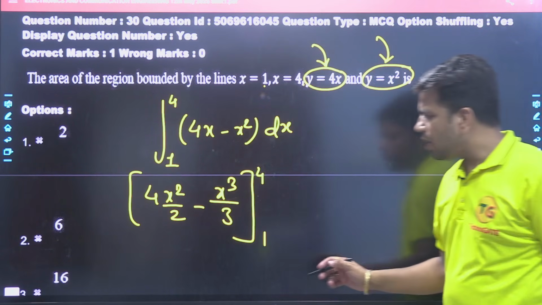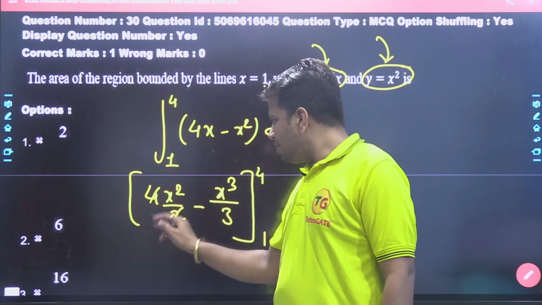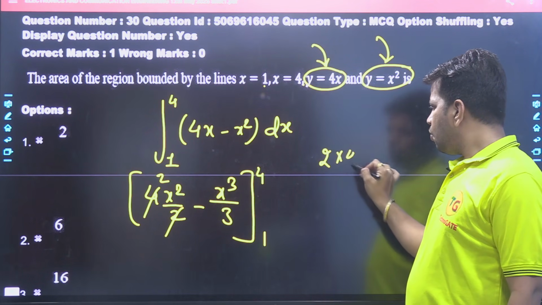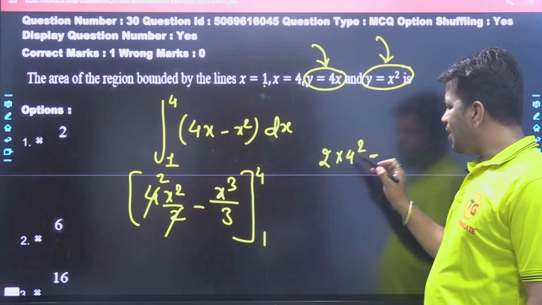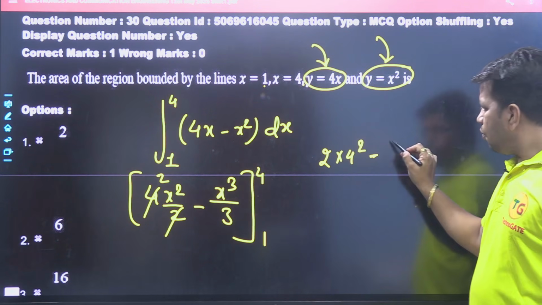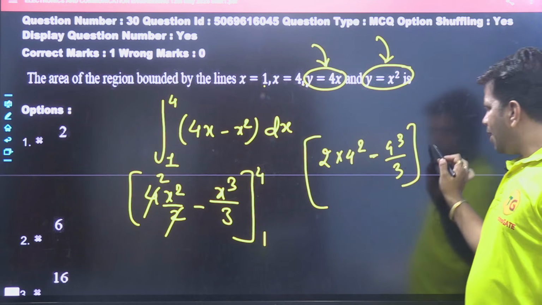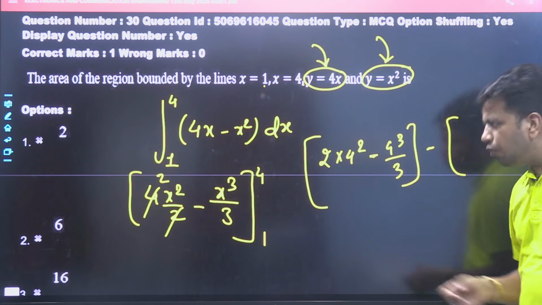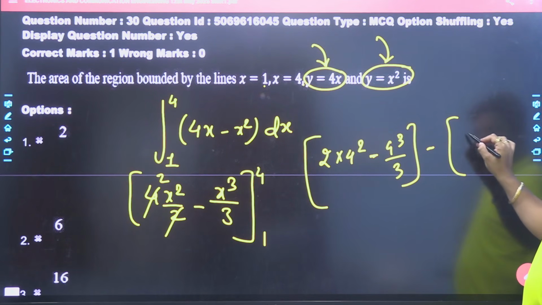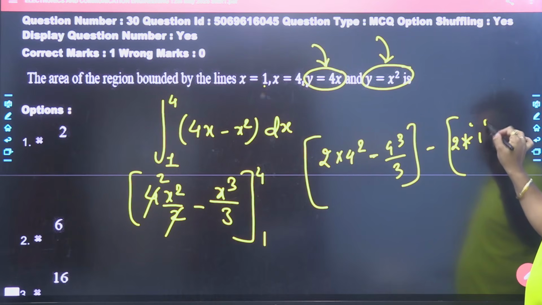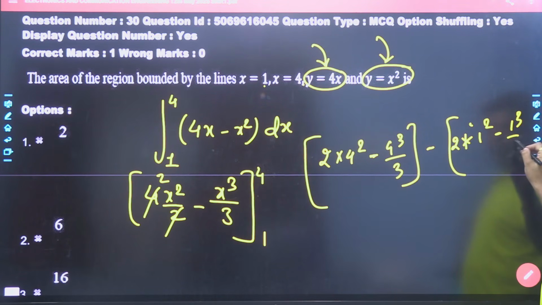So when we put the value 4 and when we put the value 1, you get your answer. Okay. First of all, you can cancel out this term by 2. So 2 into 4 square minus 4 cube by 3, then minus, when we put the value 1, 2 into 1 square minus 1 cube by 3.